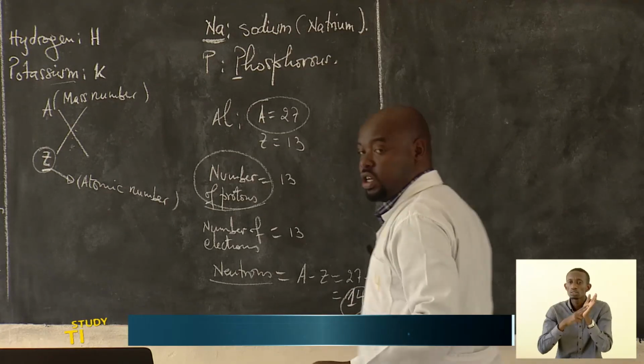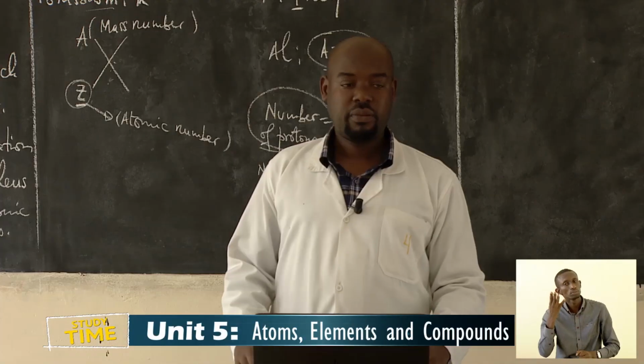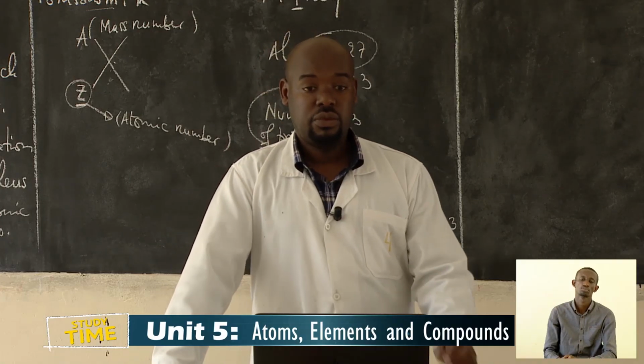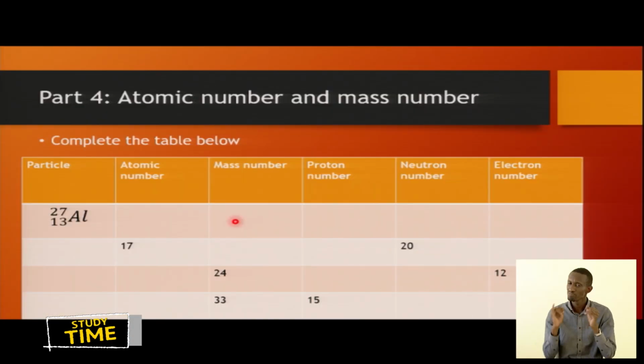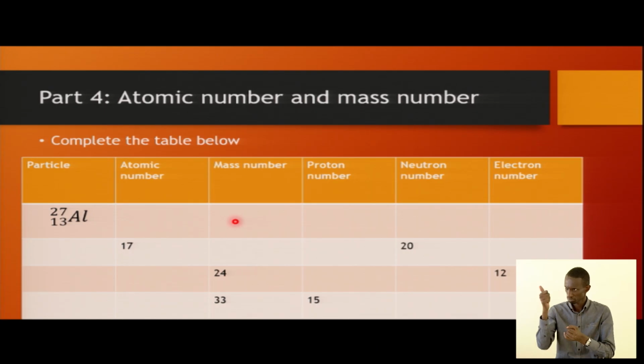So we have 14 neutrons. And as I said, you will try the 3 next. So please take note of the remaining part of our table. And you will do that as homework.